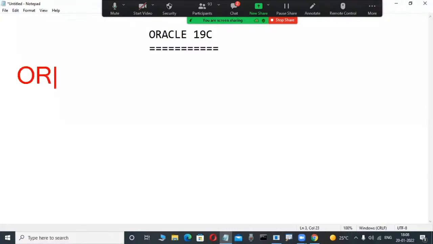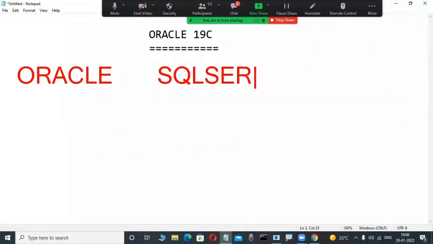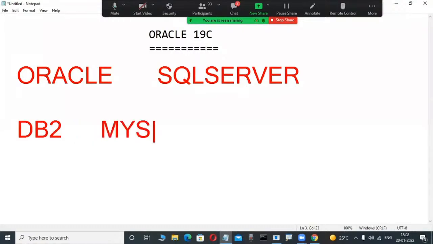Oracle is a database product from Oracle Corporation. Observe it here, different companies. Maybe many fellows have an idea. SQL Server is a database product from Microsoft. DB2 is a database product from IBM. MySQL is an open source database product, but nowadays Oracle Corporation has purchased it.